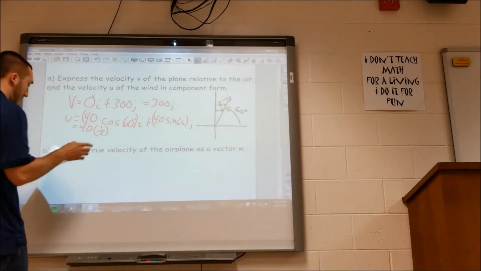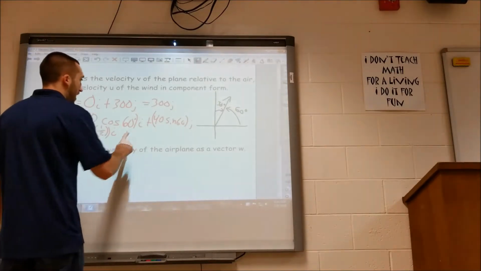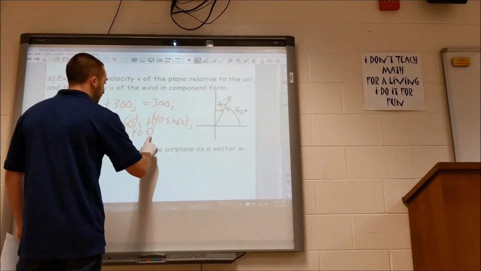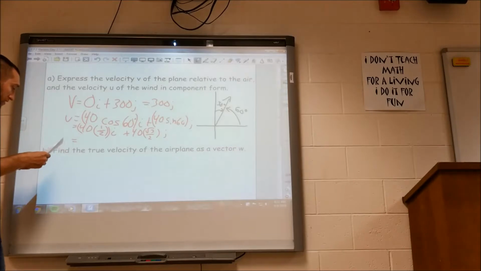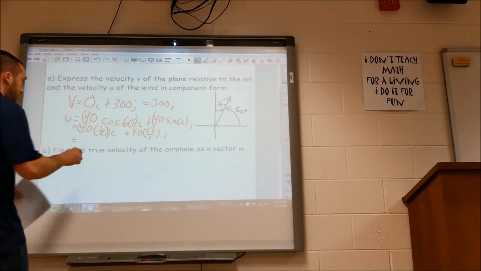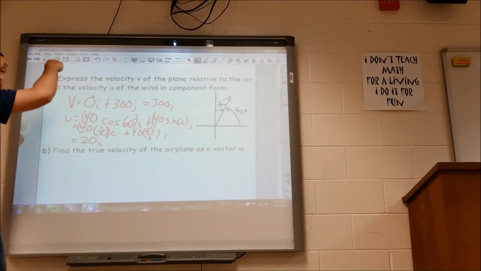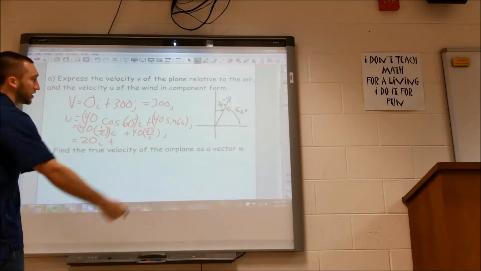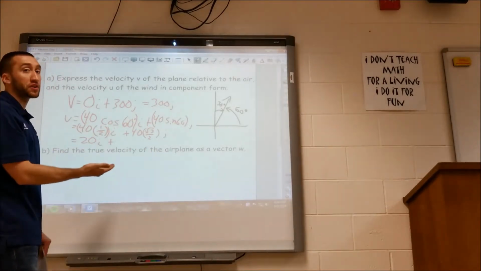Again, our unit circle hasn't gone anywhere, and that's our i component. And plus 40 sine of 60, which is radical 3 over 2. That's our j component. So, final answer, u is 20i. Okay, so that's your x component, 20 units across. And then our j, we're allowed to approximate this because we're actually going to graph these.